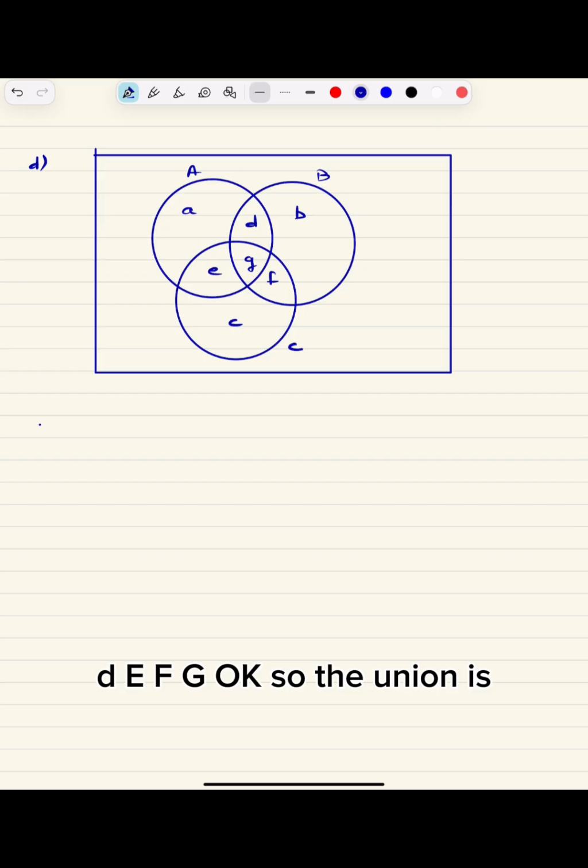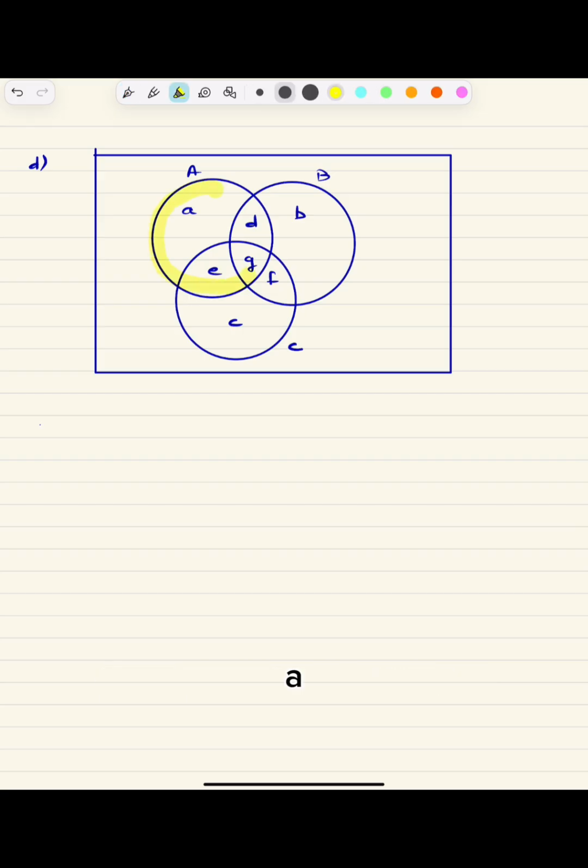So the union is A or B or C. So it's either one of them.